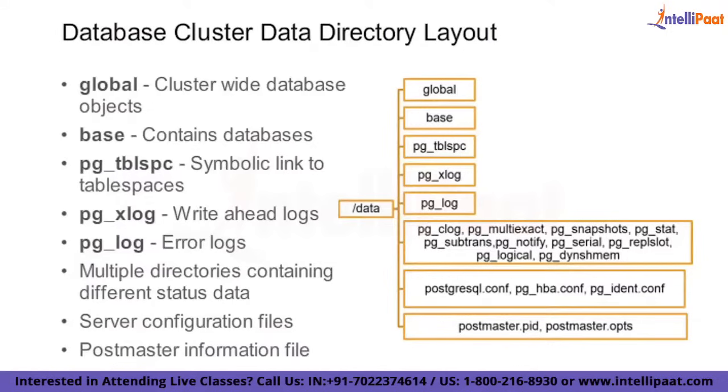Basically it takes the host name or IP address from where the users are connecting, which databases the users want to connect to, and the kind of authentication. It has different kinds of authentications: you can provide a password, trust authentication, or SSL certificate. So that's the main file for authentication.